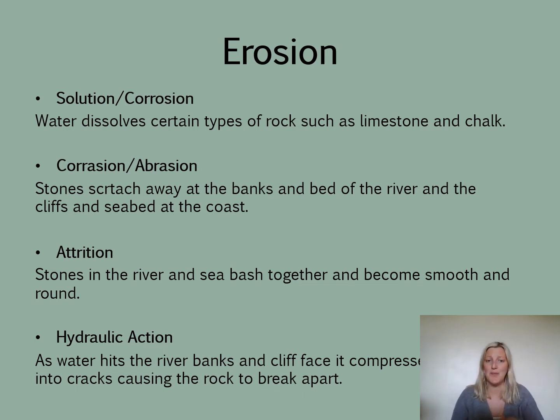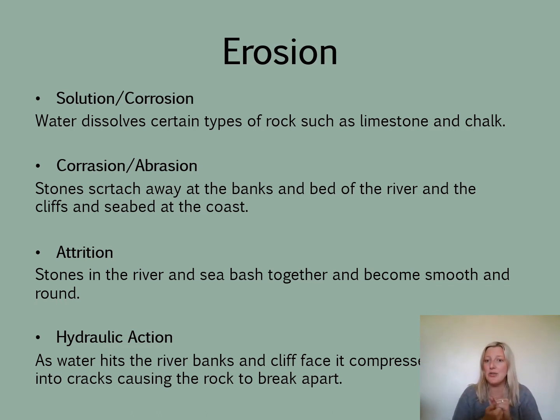Then we have attrition, where the stones in the river or in the sea are bashing together and becoming smoother and more round. And that's why we see these pebble beaches. We see those lovely round, smooth pebbles. They would have started life as much more jagged, sharp rocks, but over many years they've been bashing together and smoothing round to form those pebbles.